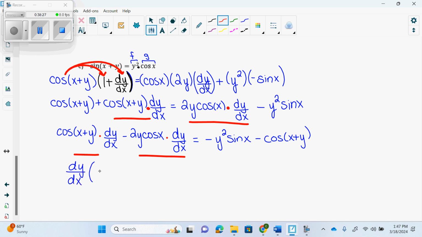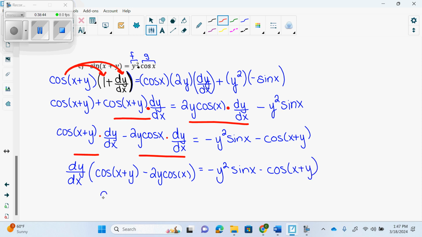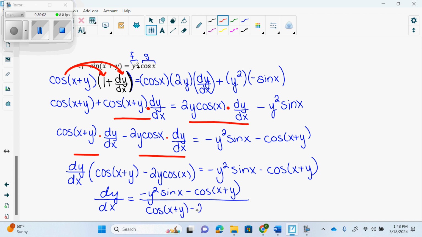And we're left with cos x plus y minus 2y cos x equals that. And then divide it over. So I'm going to get dy over dx equals negative y squared sine x minus cos x plus y over cos x plus y minus 2y cos x.